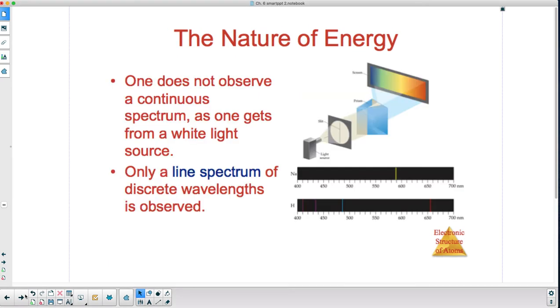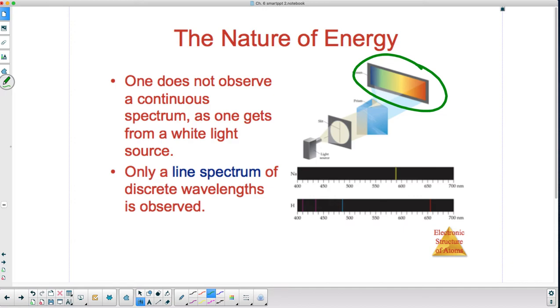So let's talk about the nature of energy. If you shine a bright white light through a prism, on this side over here you will get what's called a continuous spectrum, which means that all the wavelengths are represented in visible light.